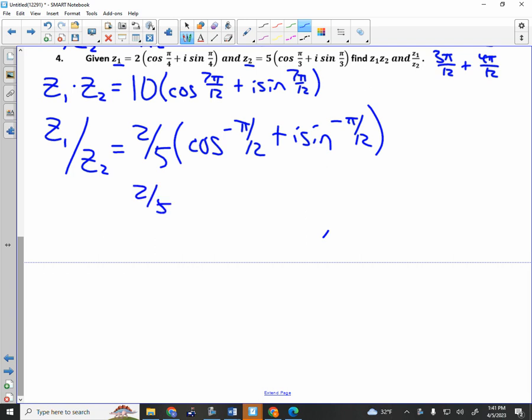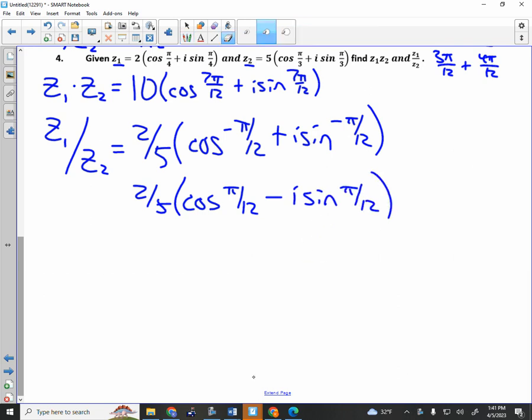So 2 over 5, cosine of what? Pi over 12, and then what's going to happen here? Negative I. Yep, or minus I sine of pi over 12. Sure, that'll be fine too. Good? Not too bad?